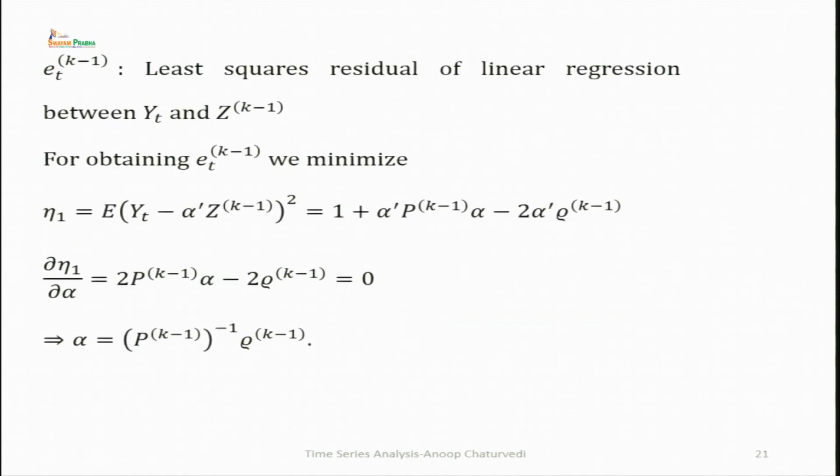Now suppose e_{t,k-1} is the least squares residual of the linear regression of y_t on z_{k-1}. For obtaining e_{t,k-1}, you have to minimize eta_1, just like the method of least squares, and you can write eta_1 as 1 plus alpha transpose P_{k-1} alpha minus twice alpha transpose rho_{k-1}. We differentiate eta_1 with respect to alpha and put it equal to 0, and this leads to alpha equal to P_{k-1} inverse rho_{k-1}.